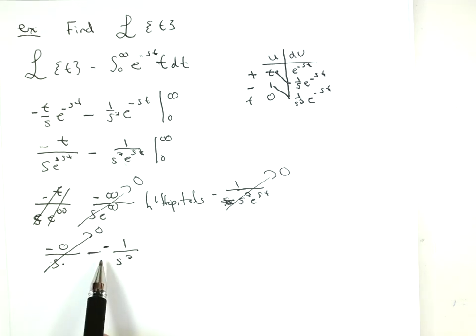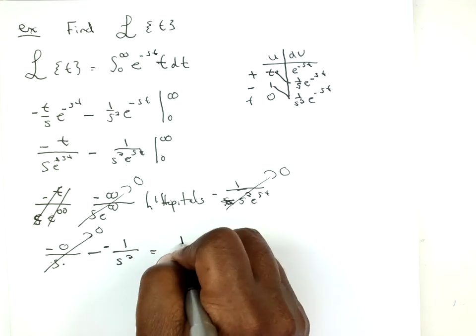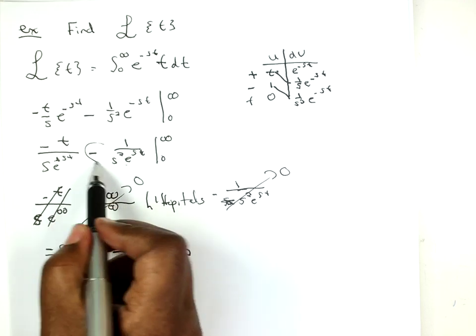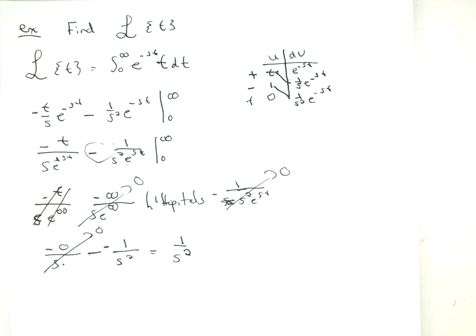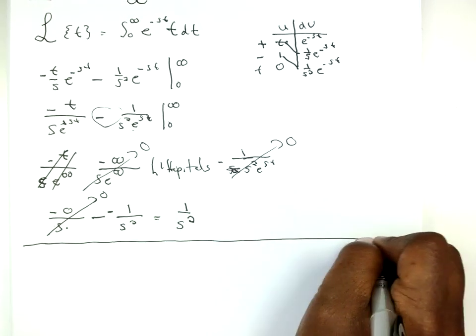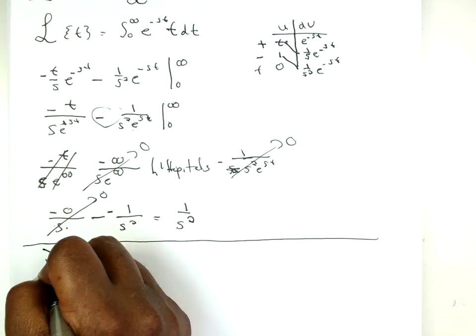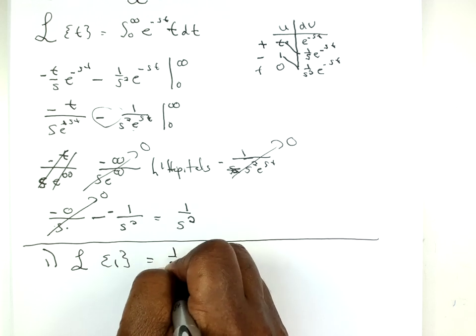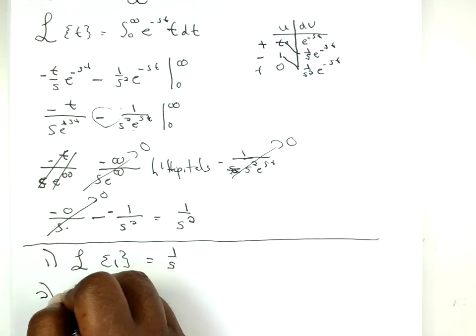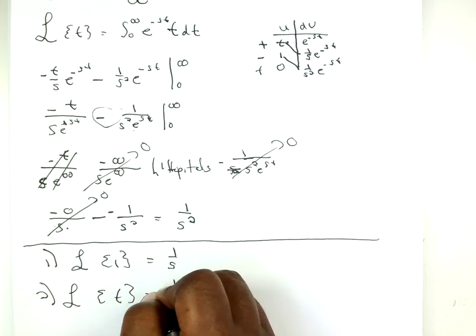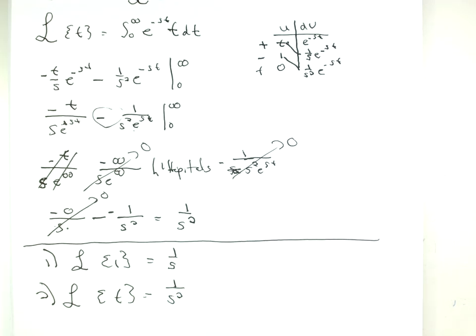And remember, these were subtracted, so we end up with just 1 over s squared. So our first Laplace transform was 1, and we got 1 over s. The second Laplace transform was t, and we got 1 over s squared.